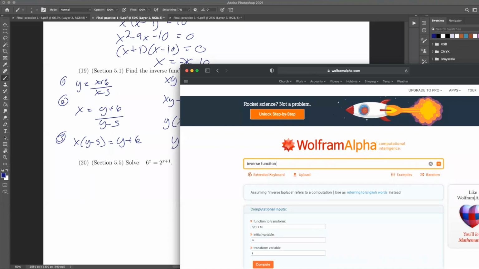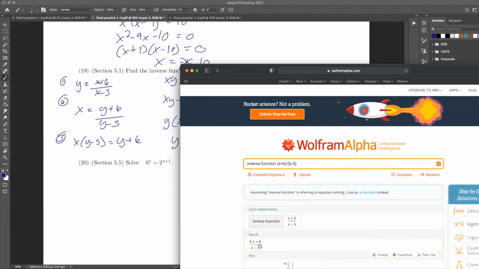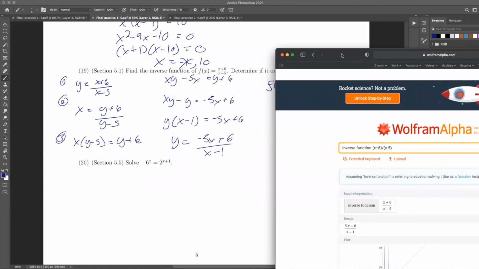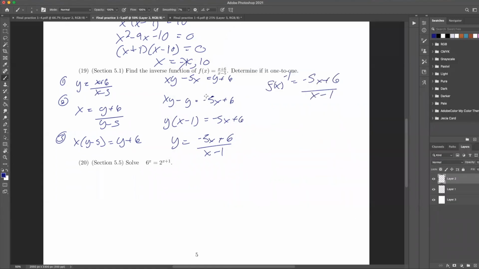Inverse function of x plus 6 over x minus 5. And then you just let it crunch through, and ta-da! Yep. And did I make an error? Oh, you betcha I did, right? When I moved this over, this should have become positive, right? So double check your answers. I missed the negative sign. Sorry about that.